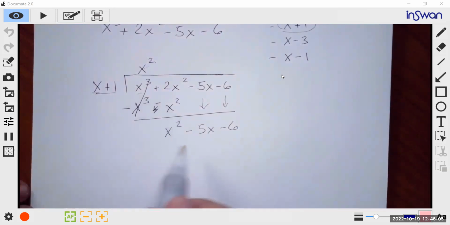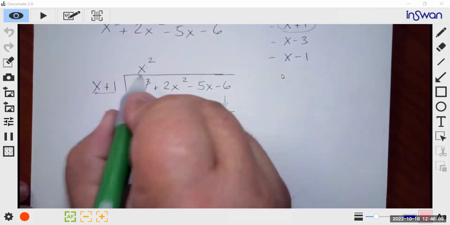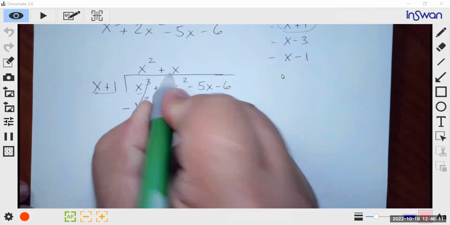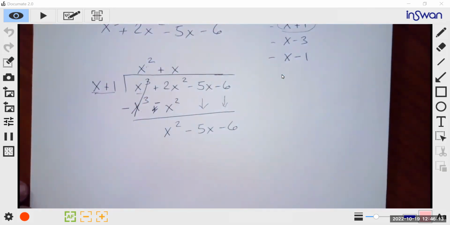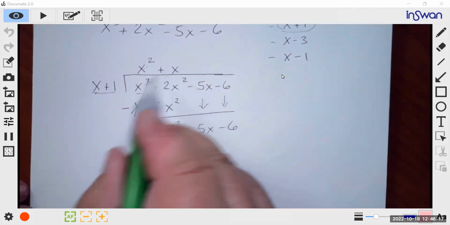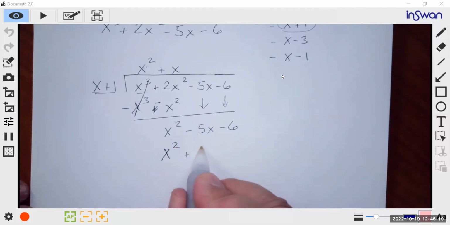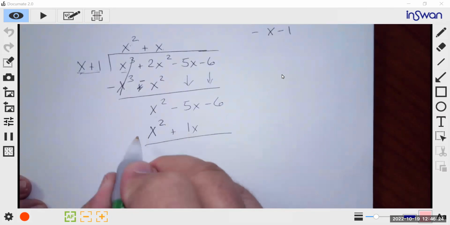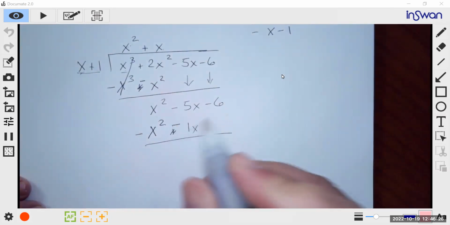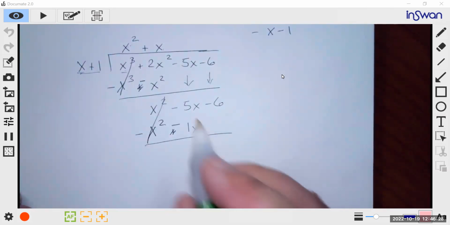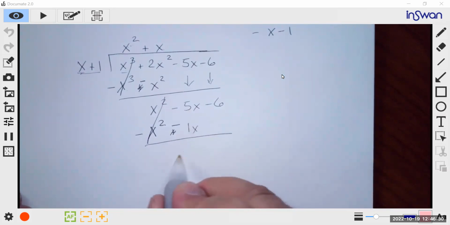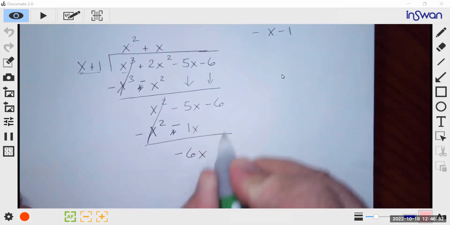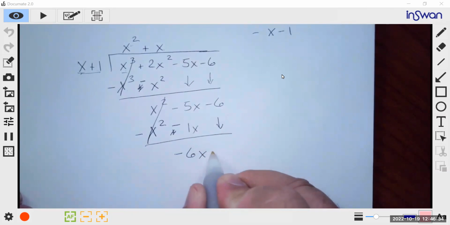What times x gives me x squared? It's a positive x. So x times x is x squared. X times 1 is positive 1x. Change the signs and add. So negative 5x minus 1 is negative 6x. Bring down the negative 6.